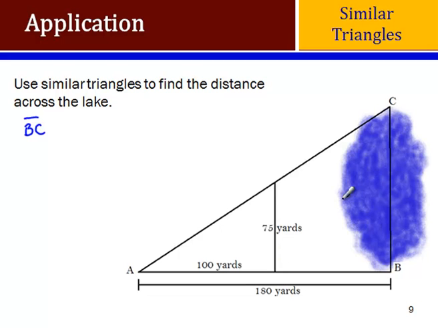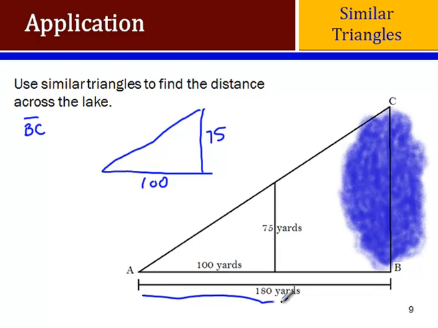Now, it looks like there's just one triangle, but you have to remember there really are two. There's this big triangle, and then there's this smaller triangle that we have here. And it won't be drawn to scale, but I'll just draw it like this, 75 to 100. And then we've got 180 to our unknown here.